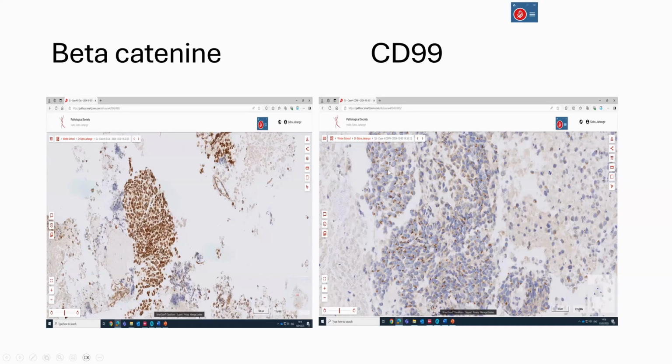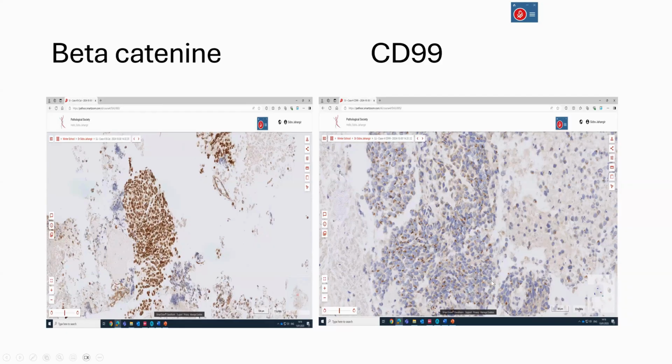CD99 is very characteristic and shows a very specific dot-like positivity in solid pseudopapillary tumor. I found this stain very helpful in diagnosing solid pseudopapillary tumor. Because we have scanty material in the cell block, we can't throw tens and tens or hundreds of immunos.